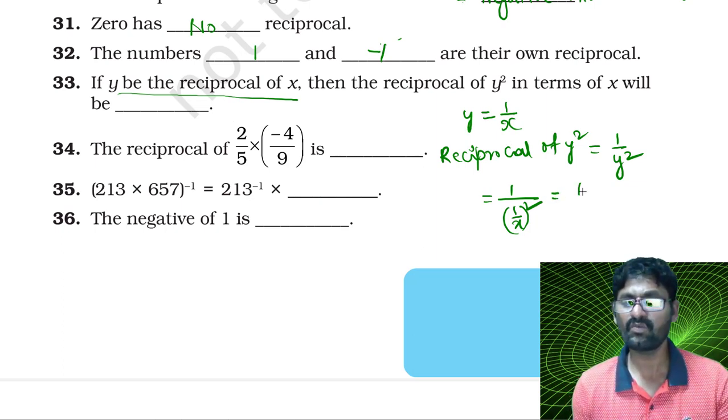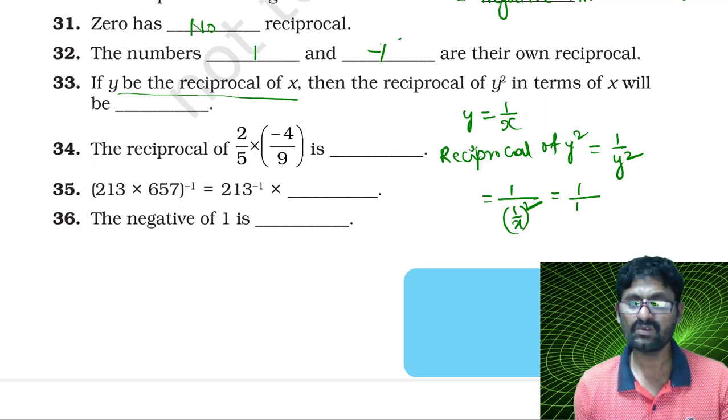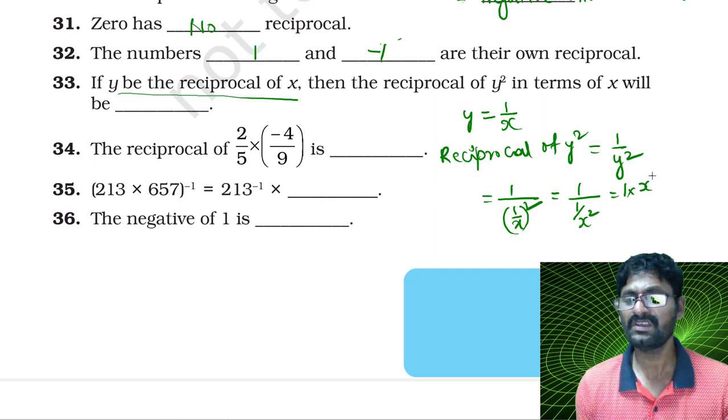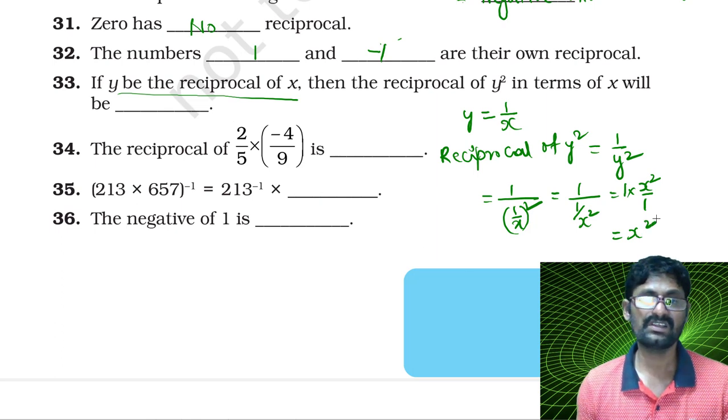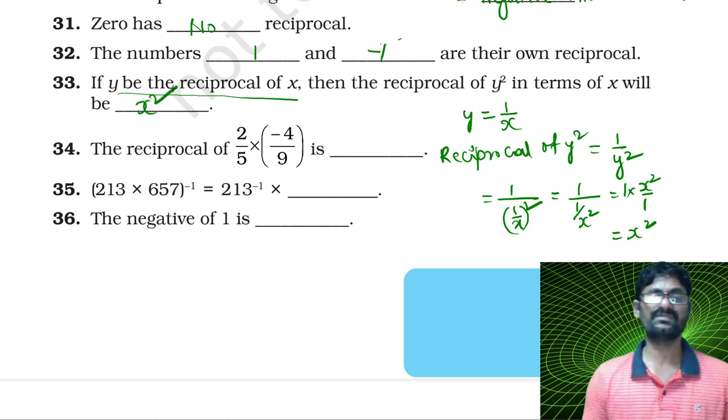So this is equal to 1 by (1 by x) whole square, which is 1 square, means 1, divided by x square. So that is equal to 1 times, with 1 by x square in the denominator. If you bring that to the numerator, we need to take the reciprocal. So it will become x square by 1. So that is equal to 1 times x square by 1, which means x square. So the answer for 33rd problem is x square.